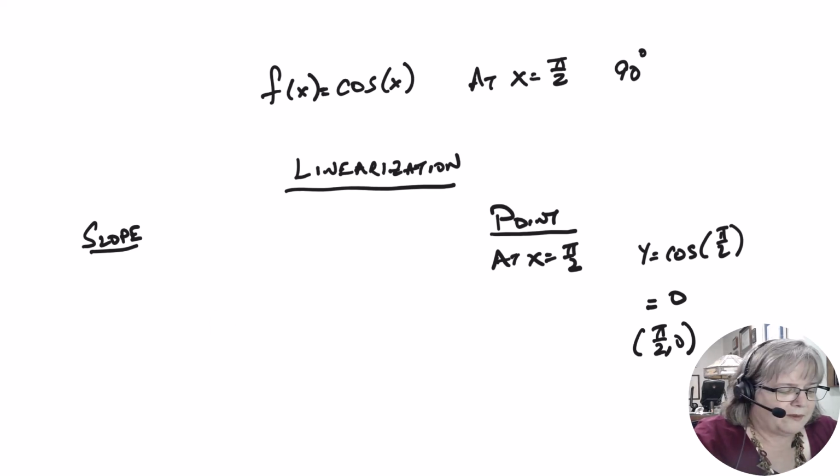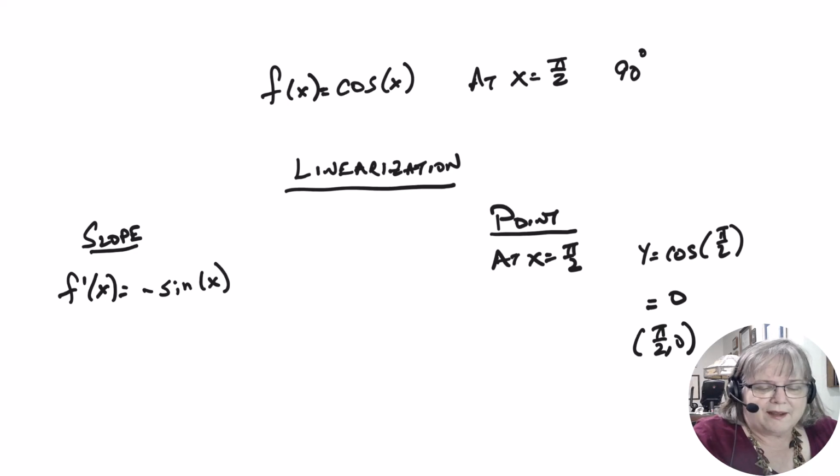Now for the slope, you need the derivative. So the derivative of cosine is minus sine x. And since we just came off implicit not too long ago, just remember if you accidentally loop back in, the derivative of x with respect to x is 1. So if you forget and loop back in, you're just going to put a 1 there, which doesn't change anything. Now, this is the slope. So the slope is minus sine of pi over 2.